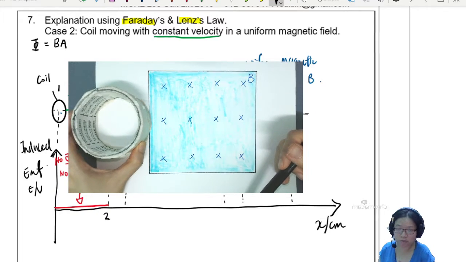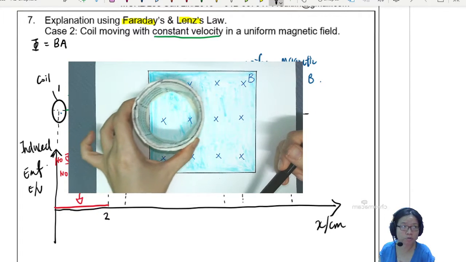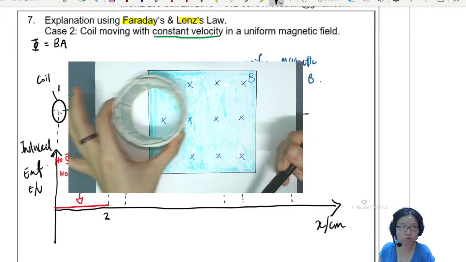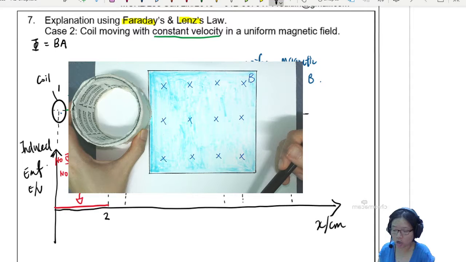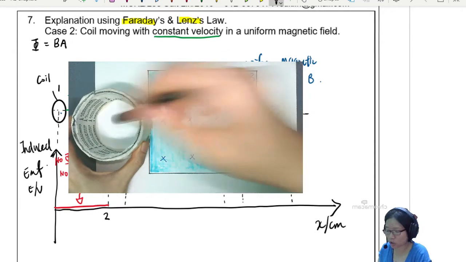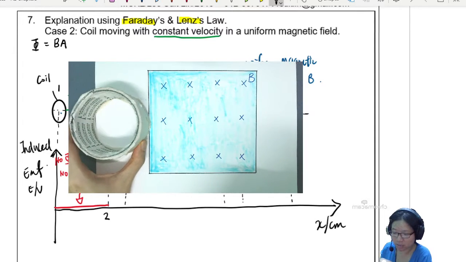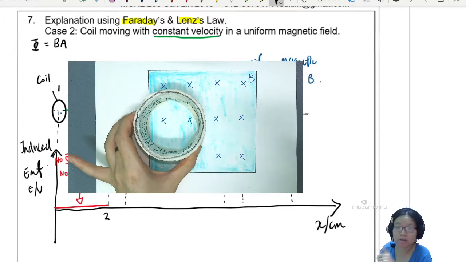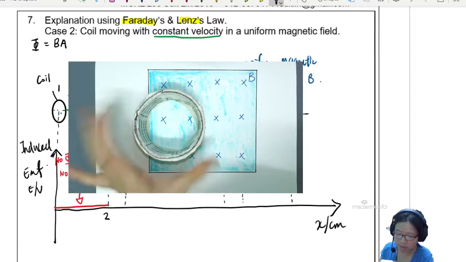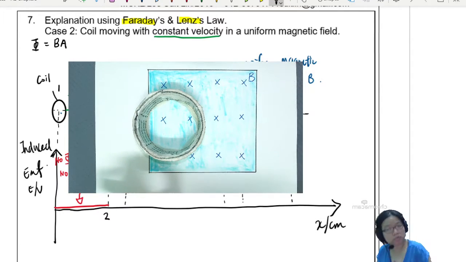When you transition from this position to this position, there's obviously a change from no flux to some flux. No magnetic field, B is 0, flux is 0, to having a magnetic field, flux is not 0. Whenever there's a change in flux, according to Faraday's law, there's an induced EMF.